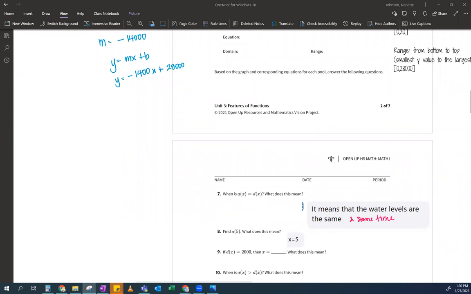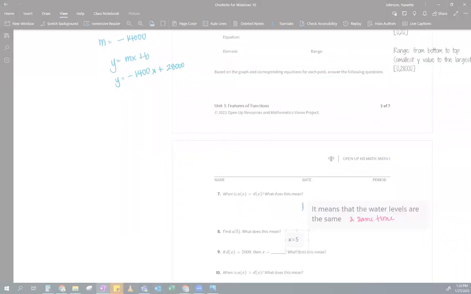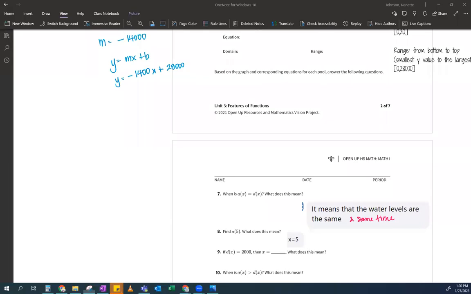I don't even have to do it. Yay for you not making me type because my OneNote is not listening. Yeah, it actually means how much water is there at 5 minutes, not after. Very good. So essentially what you're doing is you're plugging in 5 to here. Can you guys all do that really quick? Plug in 5 right there.